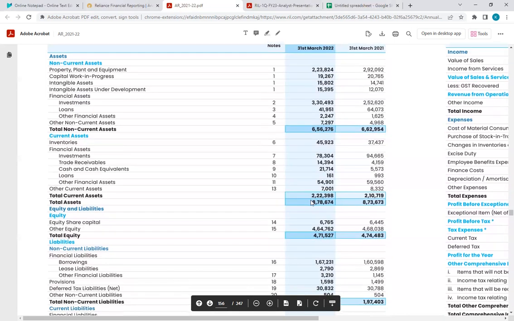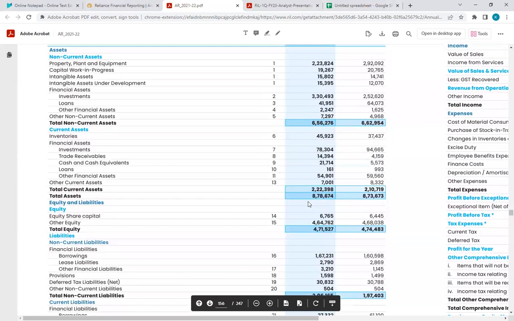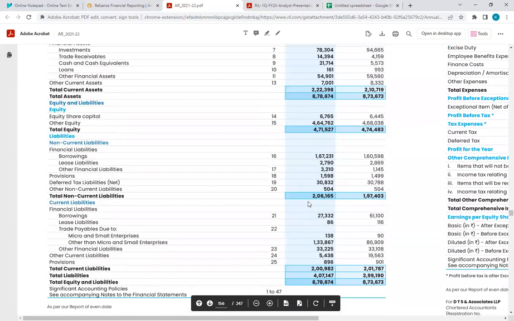And now, if we compare with the previous year's value of total assets, it is 8,73,000. So there is an increase in the total assets by around 5,000.